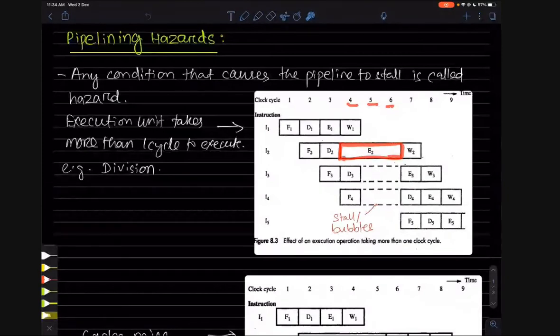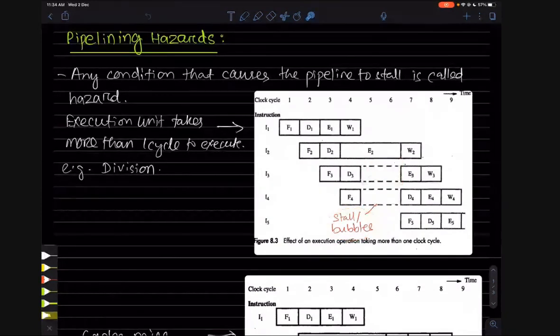As the execution unit is occupied by instruction number 2, instruction number 3 cannot use the execution unit because it is occupied by the previous instruction. So it has decoded and is waiting for 2 clock cycles, and that's why 2 clock cycles worth of work is lost. We cannot overlap in this space, so that is called a stall or a bubble.